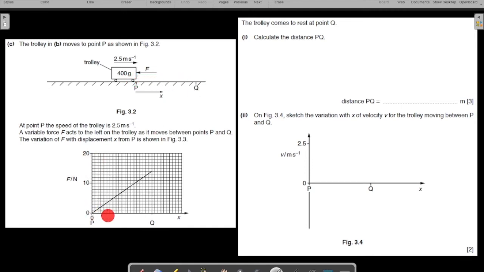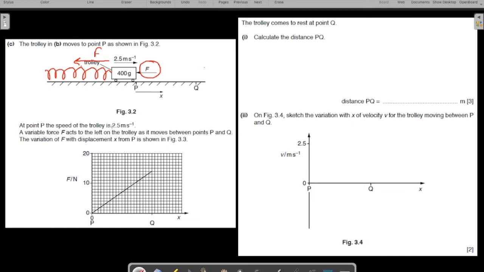What kind of graph does it look like? It looks like a spring graph. You can imagine that there is a spring here which is pushing it backwards with this force F all the time. You can imagine all these things happening, though it is not given in the picture.